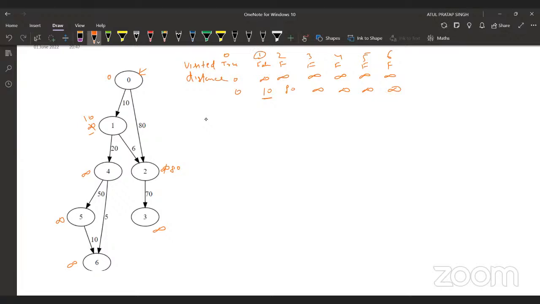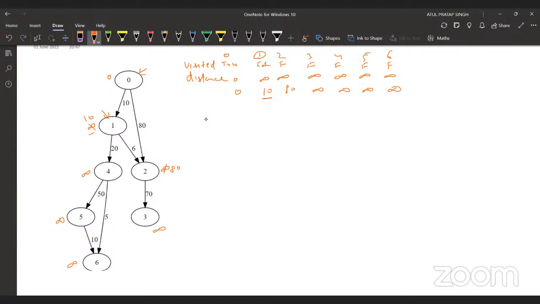So we will select the vertex which contains the minimum distance value and is not visited. So we will select this one. Okay, and now we will check where we can move from this node. We will check only nodes which are not visited.